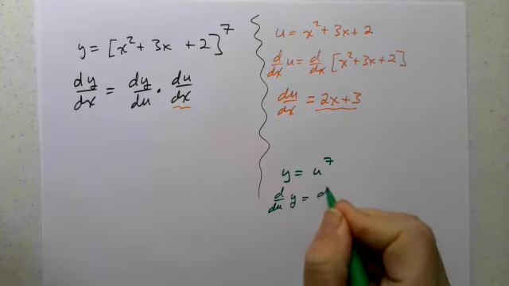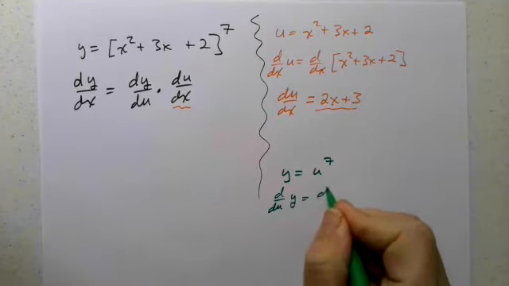Dy dx, the derivative of my original function, dy dx equals dy du, negative 1/2 u to the negative 3/2, times du dx, which was 2x. Now this one we probably should simplify a little bit.